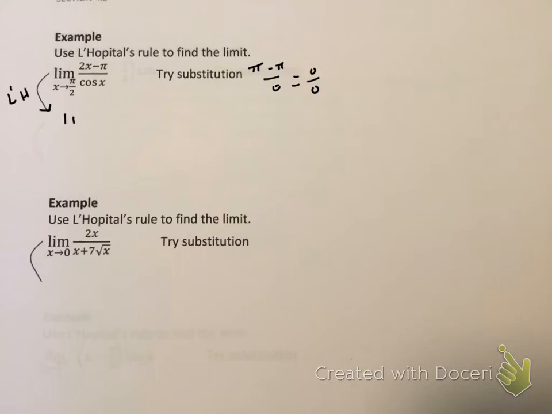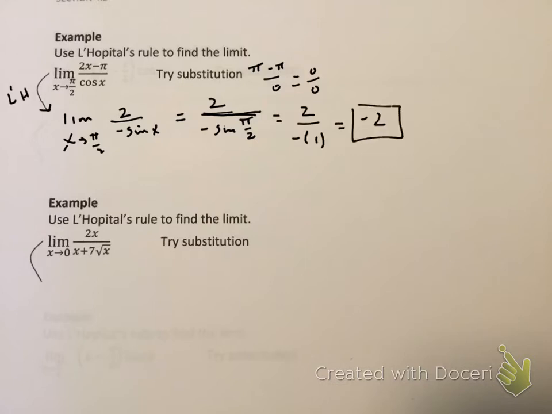And so when I take the limit as x approaches pi halves, I would have a 2 over a negative sine of x. So that's going to be 2 over a negative sine of pi halves. And all my trig and pre-calc students, you darn well better know that that's 2 over a negative times a 1. So you get an answer of negative 2.